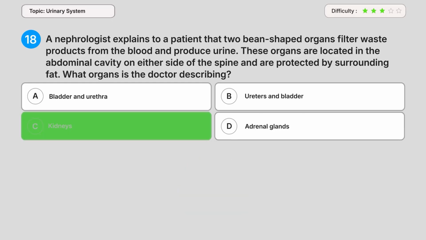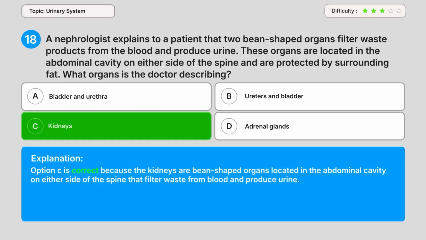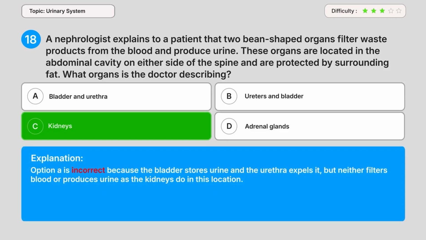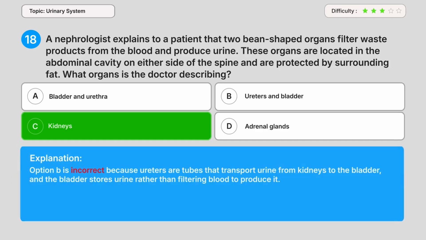Correct answer, C. Kidneys. Explanation: option C is correct because the kidneys are bean-shaped organs located in the abdominal cavity on either side of the spine that filter waste from blood and produce urine. Option A is incorrect because the bladder stores urine and the urethra expels it, but neither filters blood or produces urine as the kidneys do in this location.